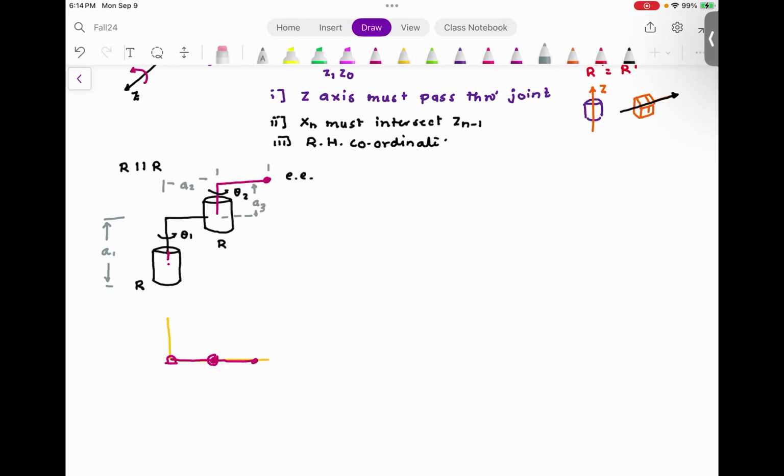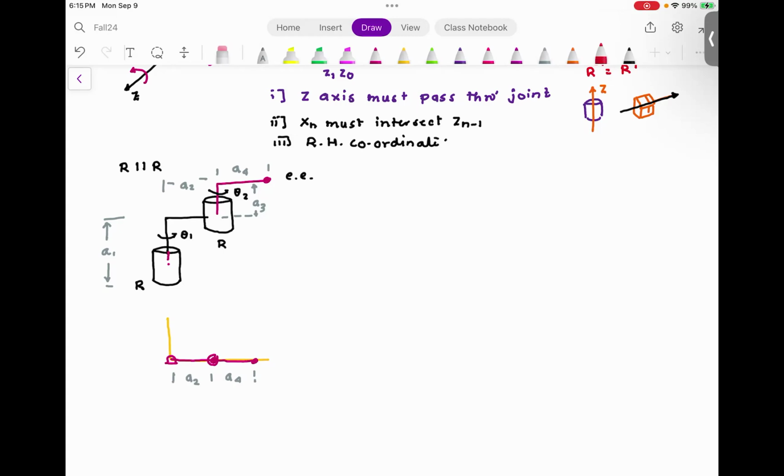And I'm going to call this dimension A4. So if you were to look from top, the two pendulum model, you would see this as A2 and A4. In the top view, the vertical dimensions A1 and A3 will not be visible. If you take a side view, only then this would be visible. Everyone understood this configuration of robot?